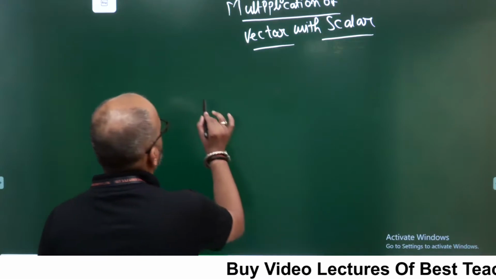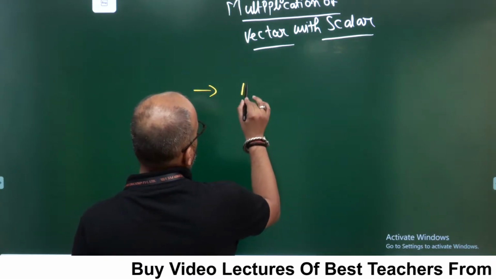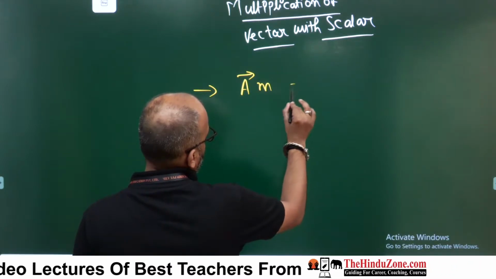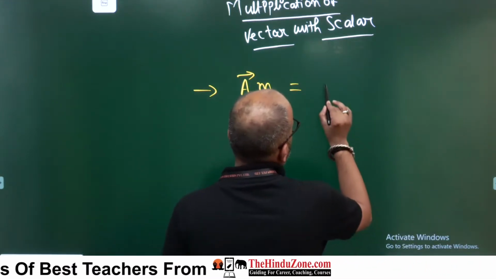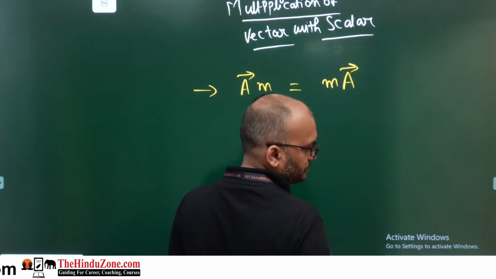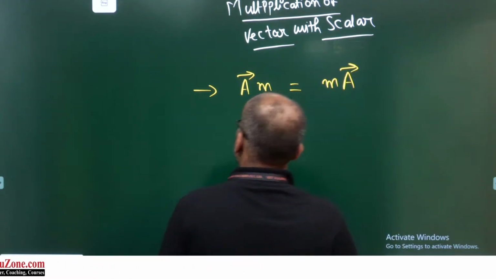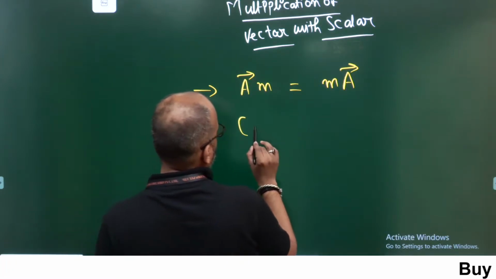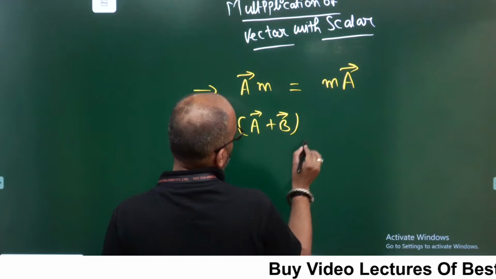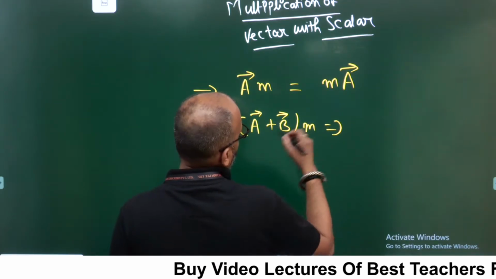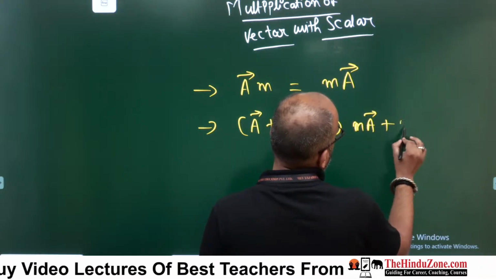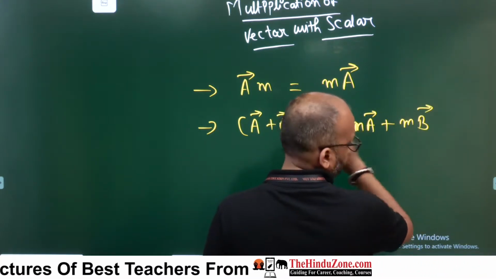Suppose I have got some vector A and I am multiplying this vector A with a scalar m. So my result will be m into A vector. Suppose I have got two vectors, vector A plus vector B, and I am multiplying it with a scalar m. So result will be m into A vector plus m into B vector.